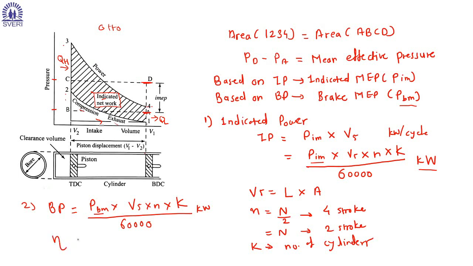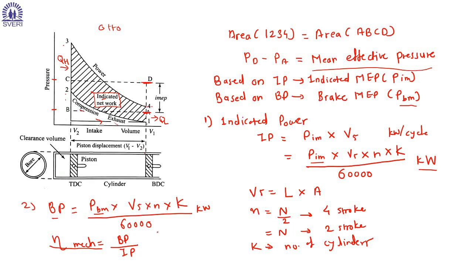If I calculate the mechanical efficiency, that will be again brake power, the output, divided by indicated power. So this gives the idea of what is mean effective pressure, what is the indicated power based on indicated mean effective pressure, what is the brake power based on brake mean effective pressure, and what is the mechanical efficiency.